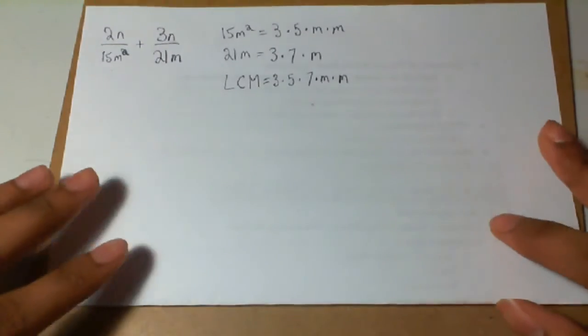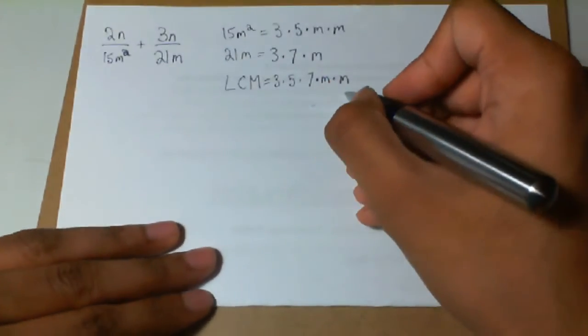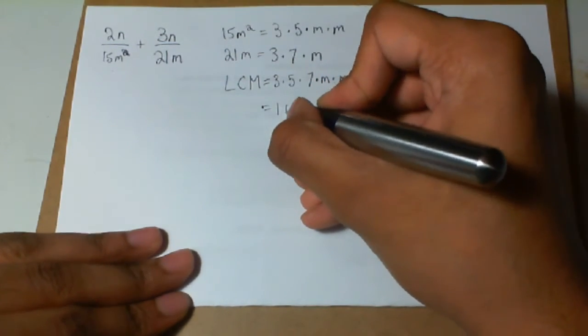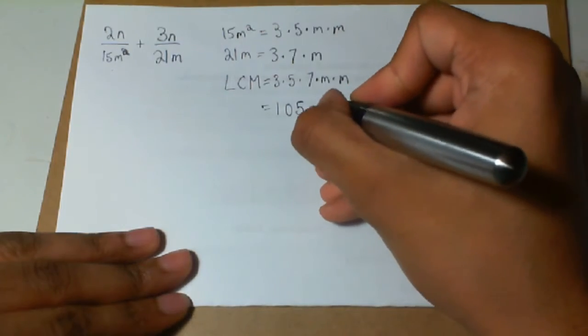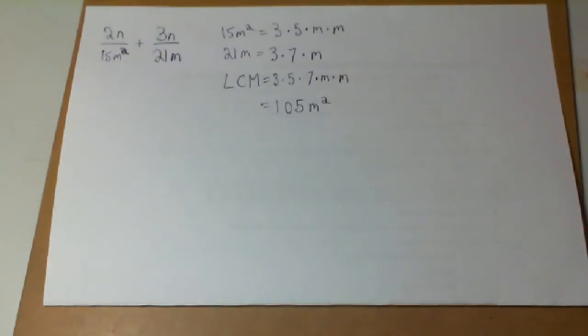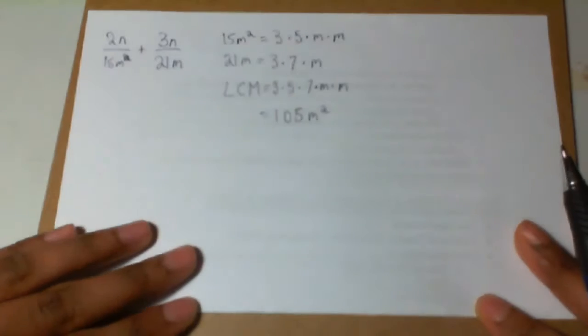I'm going to assume that you guys know how to find the least common multiple, but that's what it would be for these two denominators, and you would get 105m squared. So our goal is to make both of these denominators equal 105m squared.